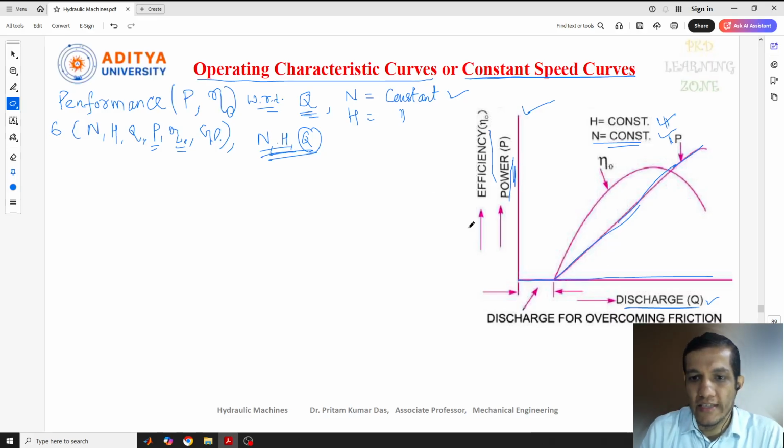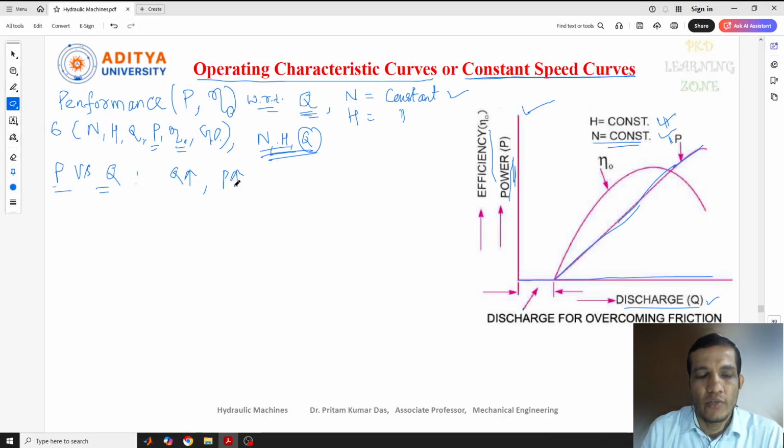In the power versus discharge curve, we can see that as the discharge increases, the power also increases. Here, our discharge increased and power also increased.